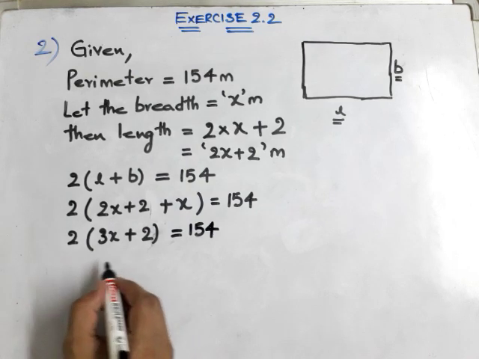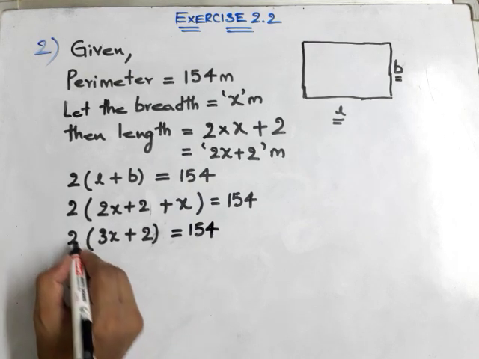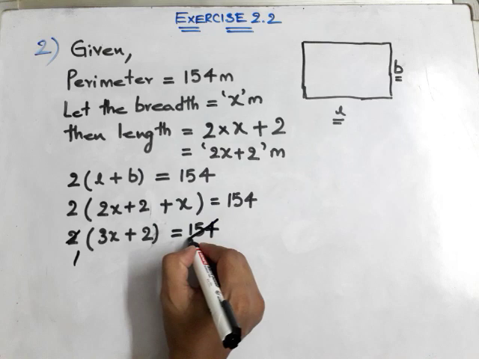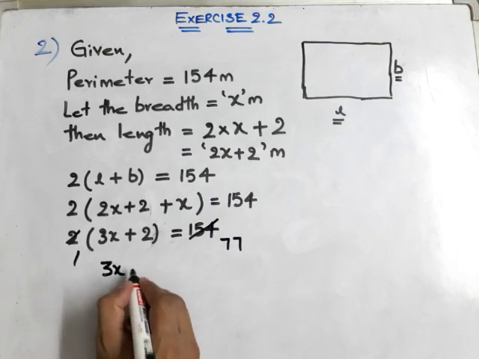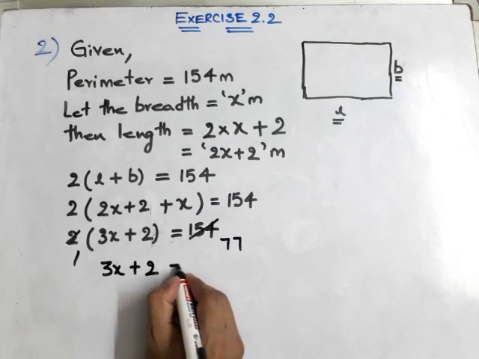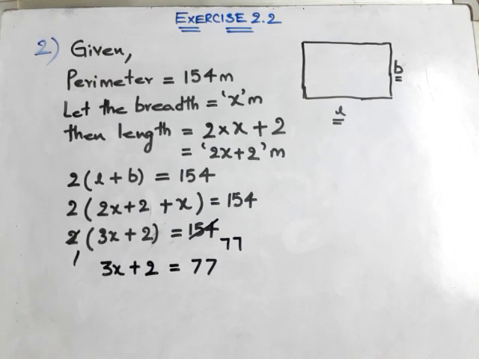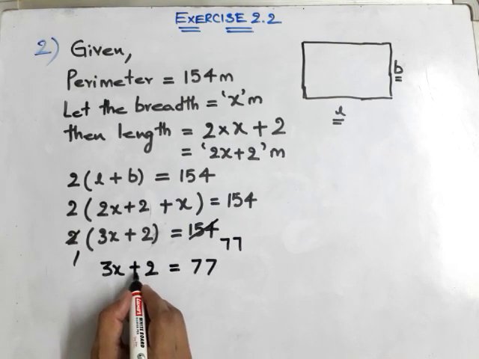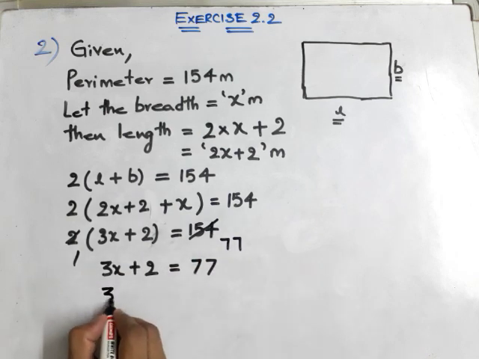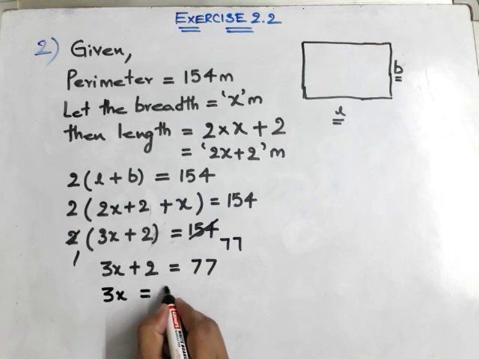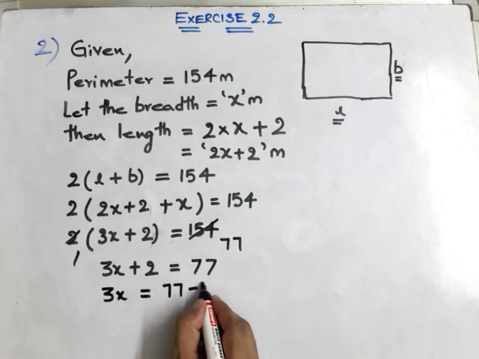Now look, let us transpose the terms. We can cancel this, 2 ones are 2, 2 sevens are 14. Now we have 3x plus 2 is equal to 77. Then as we need the value of only x, transpose this plus 2 to the other side. It becomes 3x is equal to 77 minus 2.